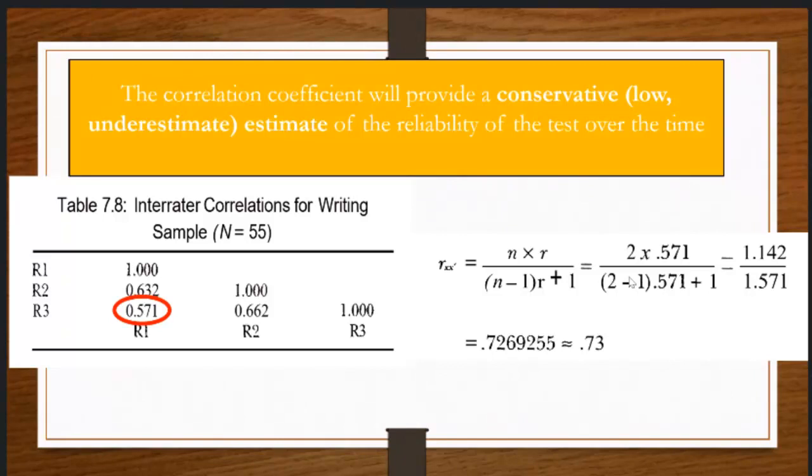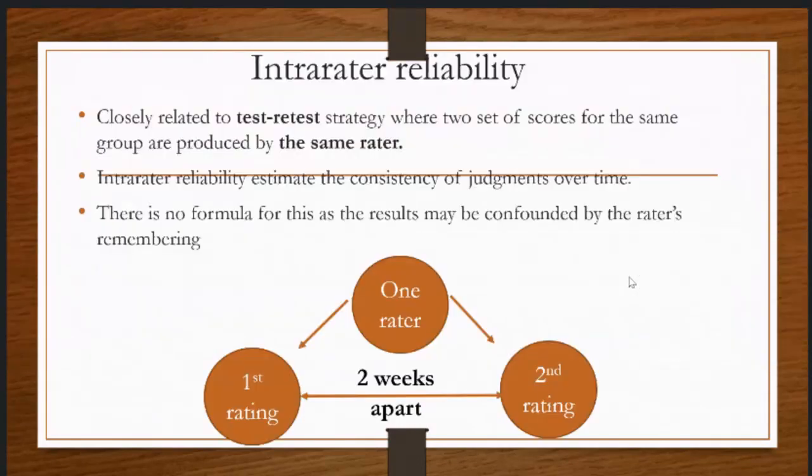So I choose the lowest number here, which is 0.571 in the first class. And we take this number into the formula to get 0.73 in the next picture.